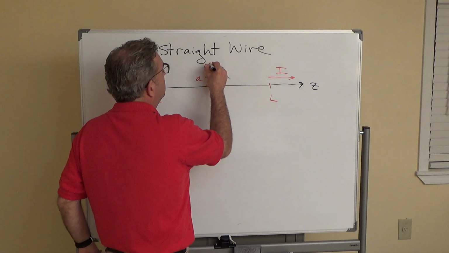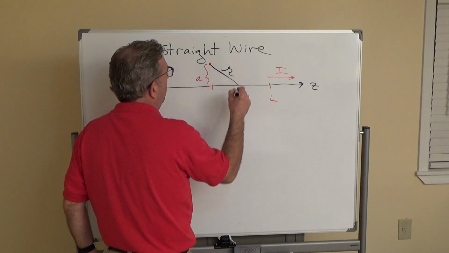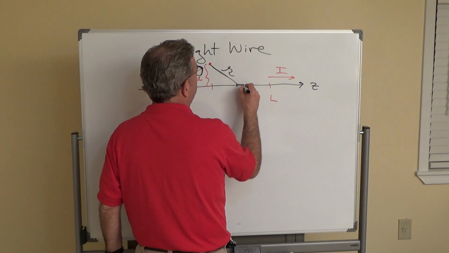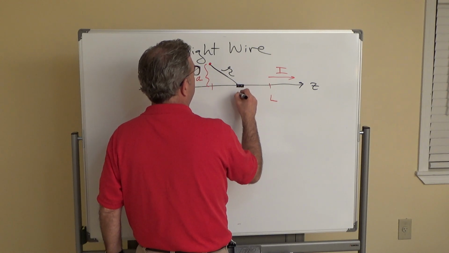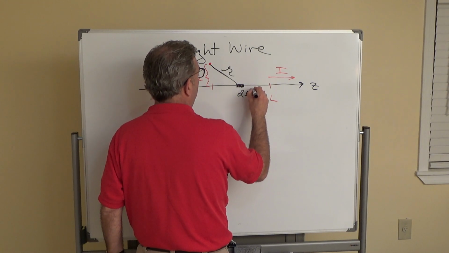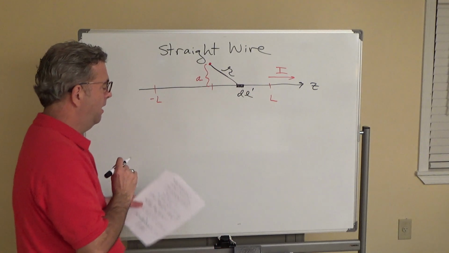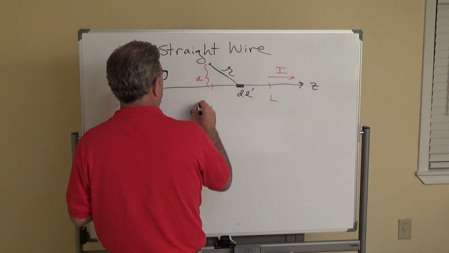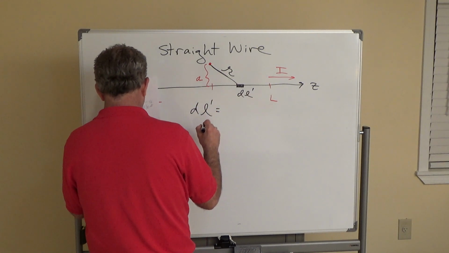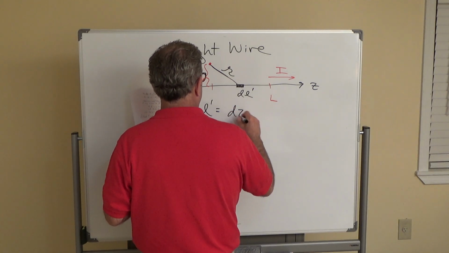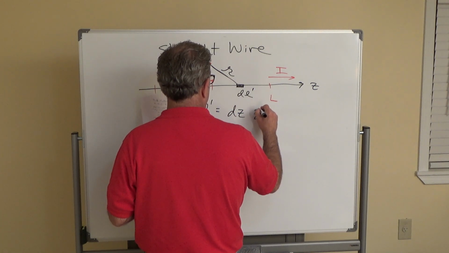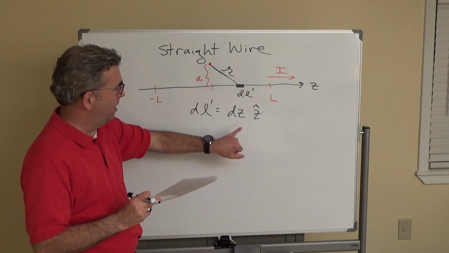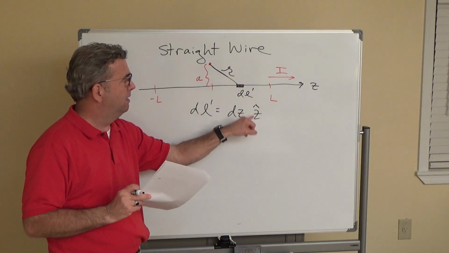So this would be script r. That's from the source to the point. This little section, call it dl prime, is equal to dz z hat, because the current's in that direction, so it's a little bit of dz in the z hat direction.